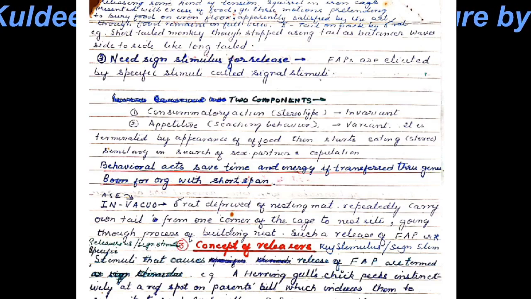Once hatched, the cuckoo ensures for itself a solid upbringing by instinctively pushing its neck around as a sign stimulus to the victimized bird to bring food for it. So this is the evolutionary disadvantage of fixed action patterns.